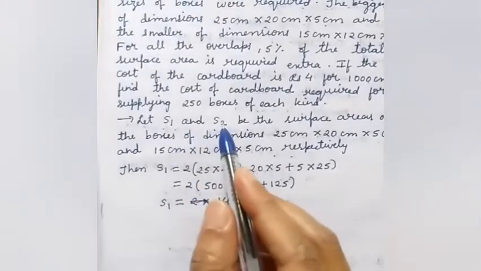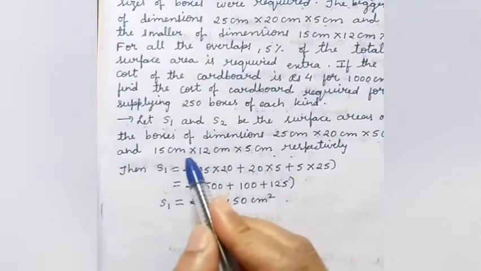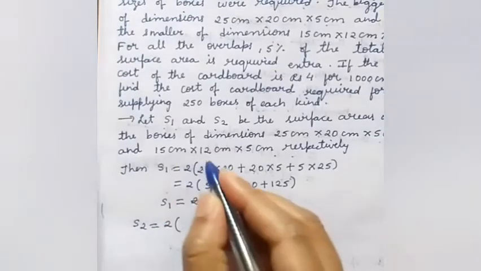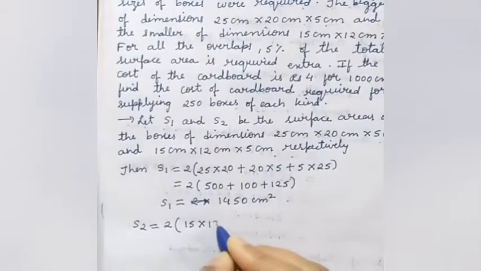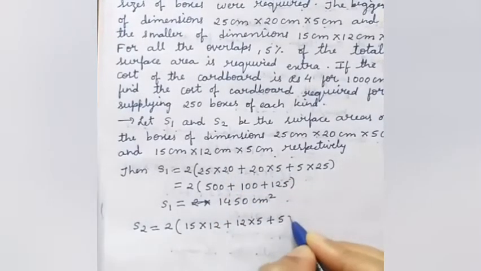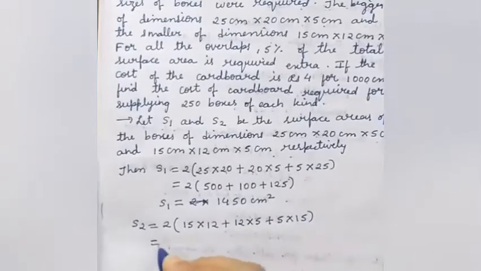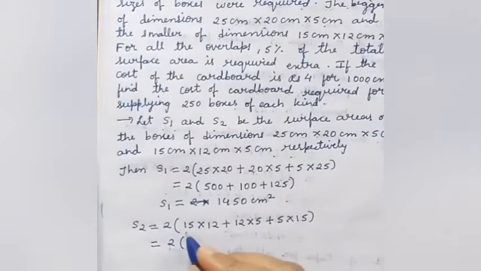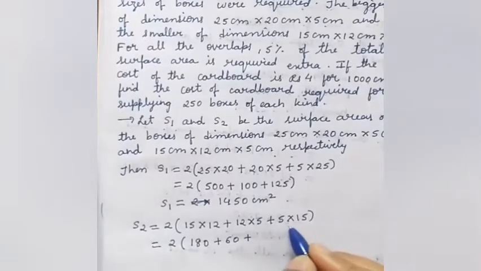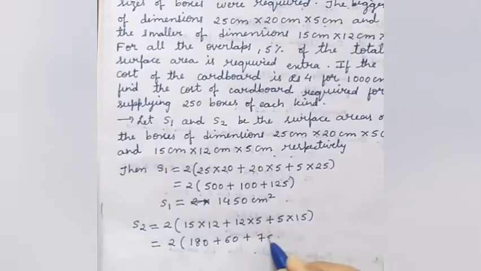Now we find S2, the surface area of the smaller box with dimensions 15, 12 and 5. S2 is equal to 2 times of 15 into 12 plus 12 into 5 plus 5 into 15. That is 2 into 180 plus 60 plus 75.